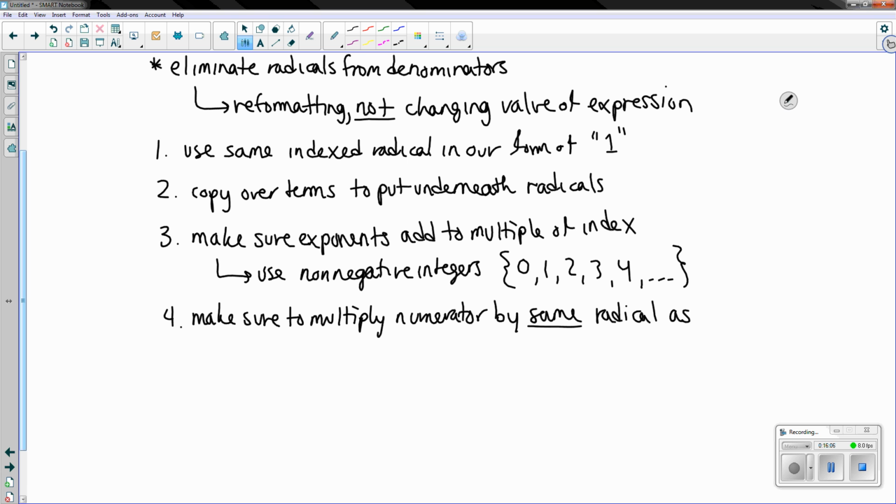So make sure to multiply the numerator by the same radical that the denominator is multiplied by.